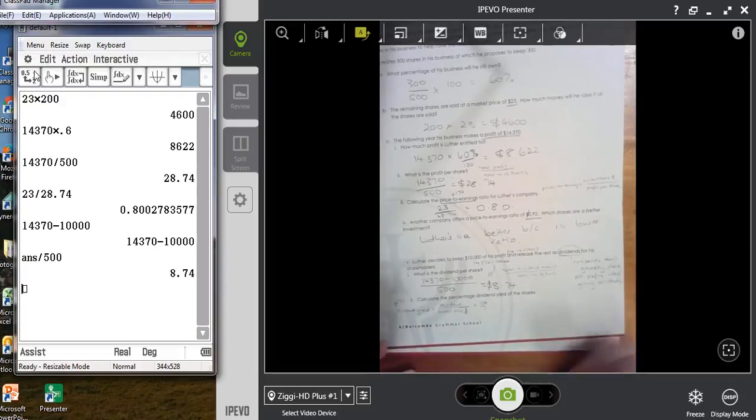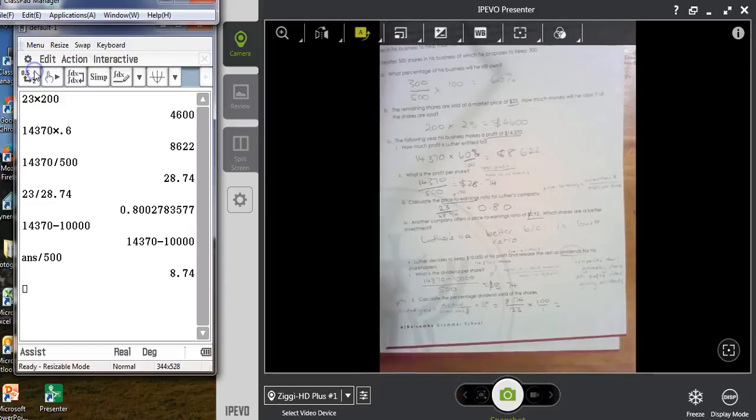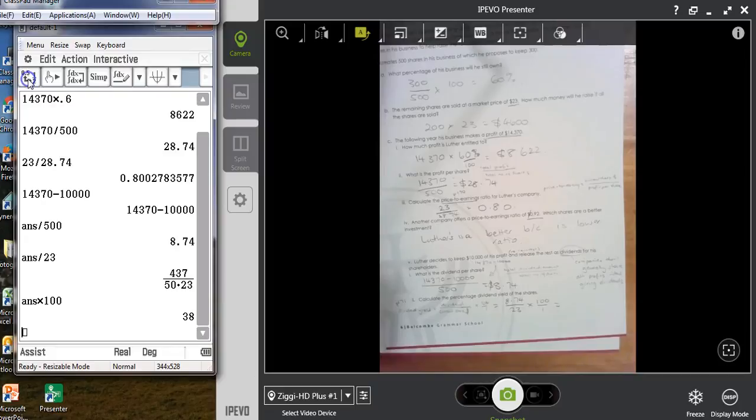And then to work out the dividend yield, you work out using this formula here, the dividend divided by the current share price times by 100, so we end up with a percentage yield of 38%.